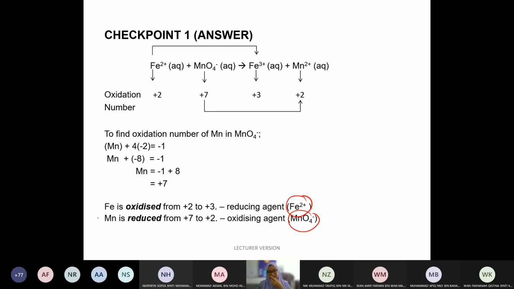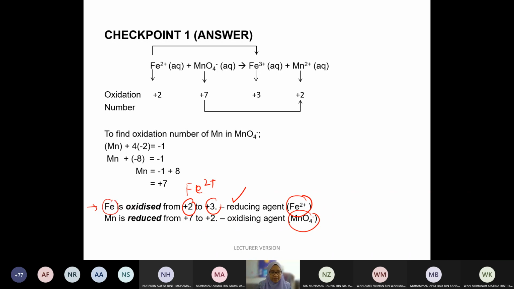Now for Fe, be careful. Earlier I said you must specify Fe2+ to Fe3+. But this one is not wrong. Why? Because it specifies Fe is oxidized from +2 to +3. So this is also correct.